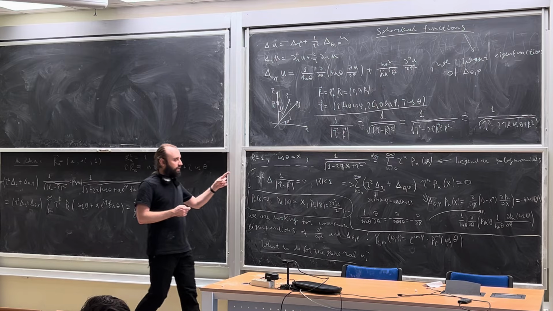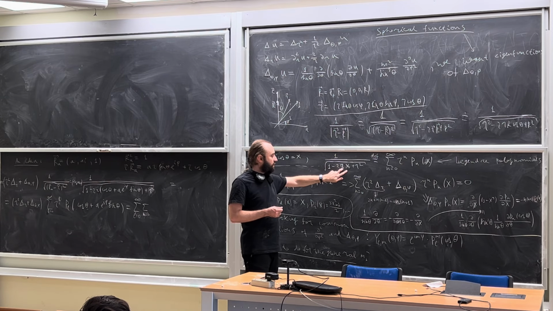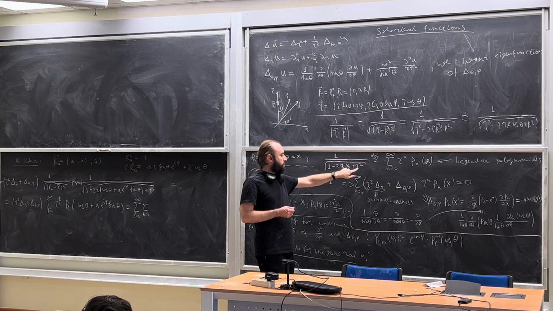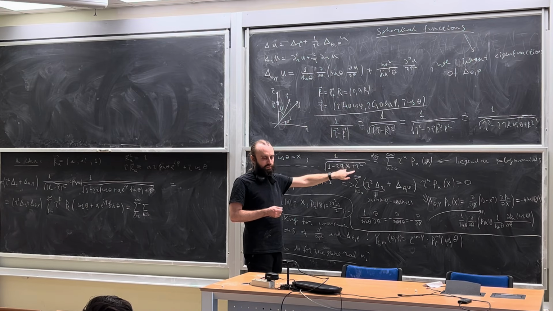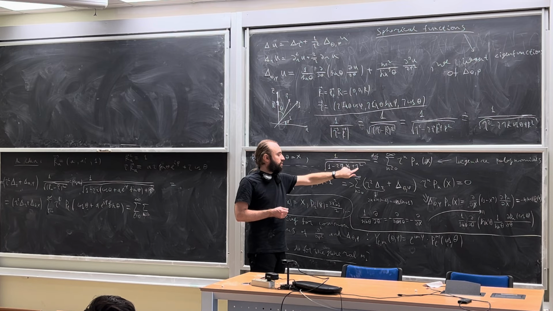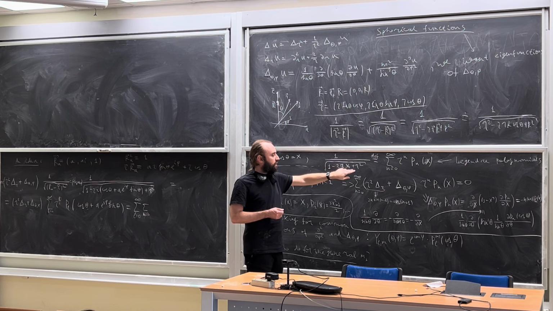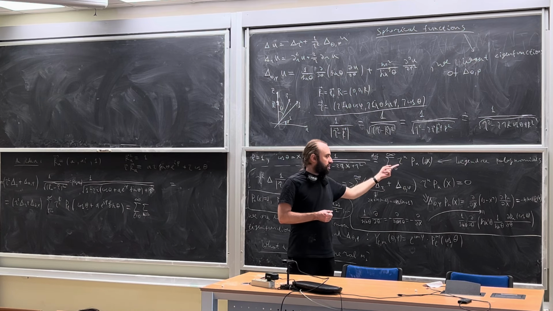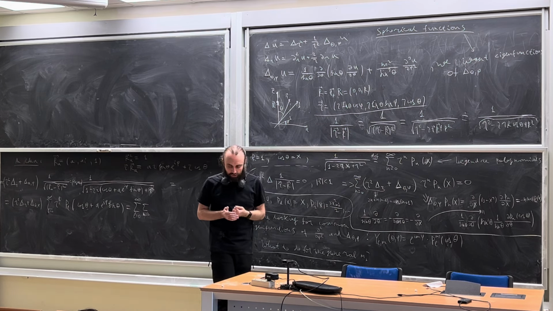Well, if I look at the nth terms of the expansion of this expression in powers of r as r goes to 0, we see that the main contribution comes from this expression. It will be r to the n times x to the n, and this r squared gives contribution to subleading terms. So the degree of the nth Legendre polynomial is n.